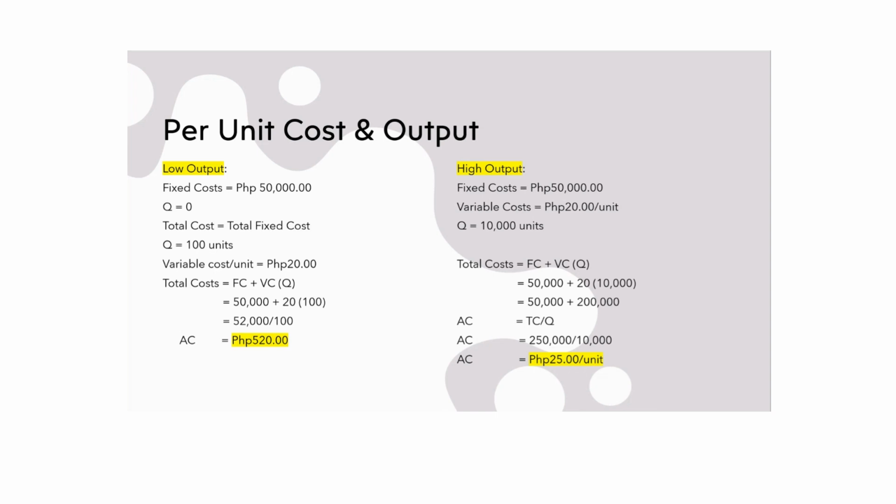That's why when customers ask for a quotation, the supplier would ask, how many? What is the output level? So that's a very important question. And then they do computations so that they will know if it can be produced, and if the price will be acceptable to the client.